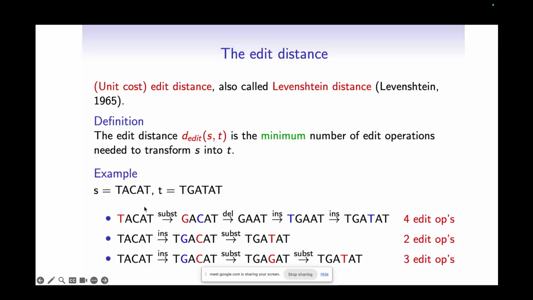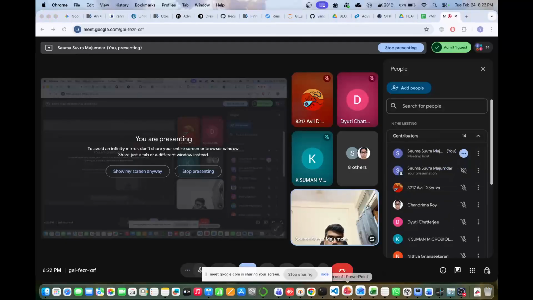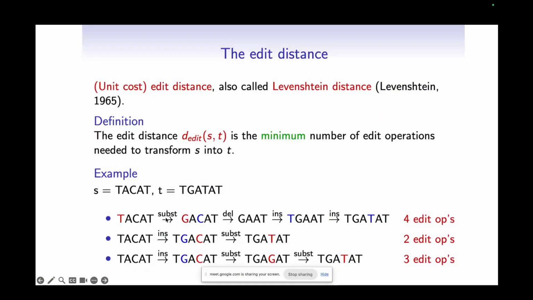So let's start with the first substitution, you substitute the T with a G, because the second position is a G. So you first use a substitution, you convert a T to a G, then you do a deletion and you remove this particular C, then you insert a T at the beginning, then you insert again another T between GA and AT. So you needed 4 edits to convert this particular sequence to this one.